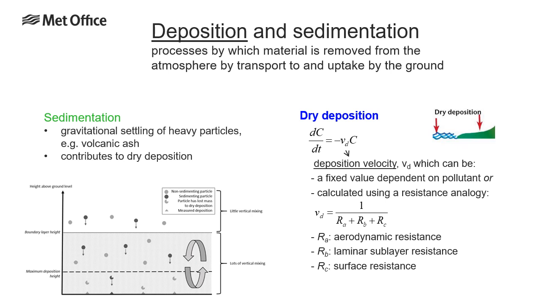Wet deposition is the removal within precipitation. Dry deposition is the removal in the absence of precipitation, and the uptake at the ground is strongly dependent both on the species and the meteorological situation and the land surface type.